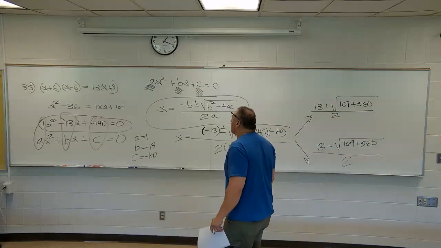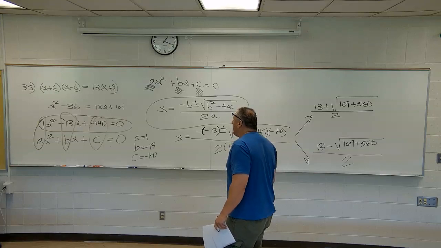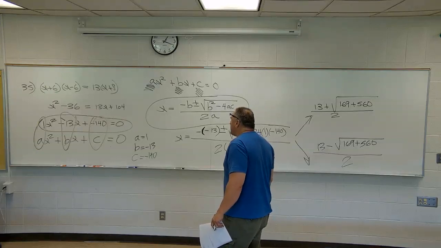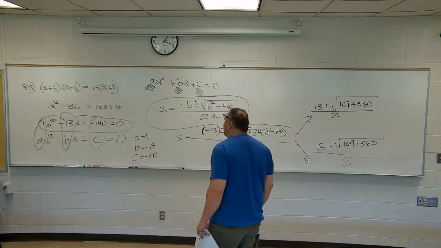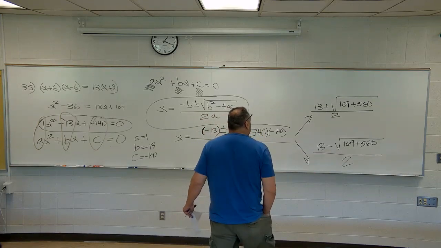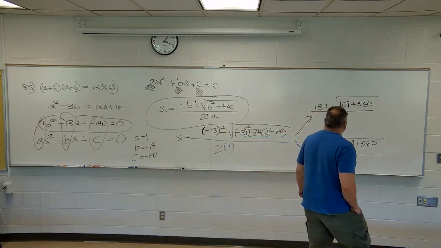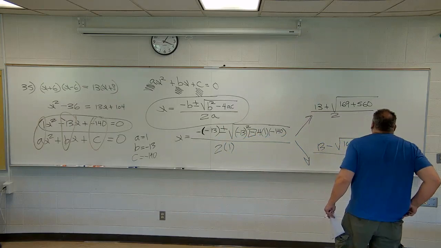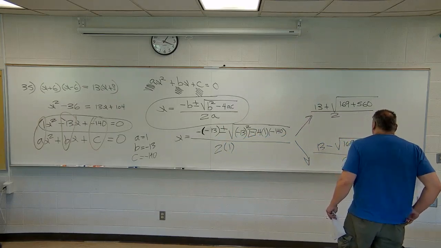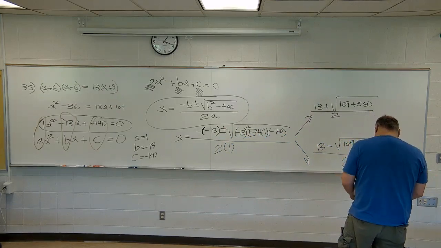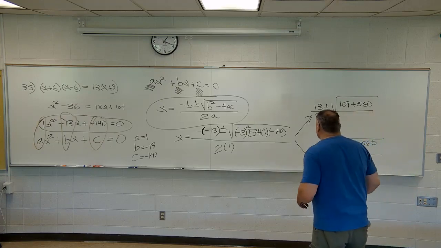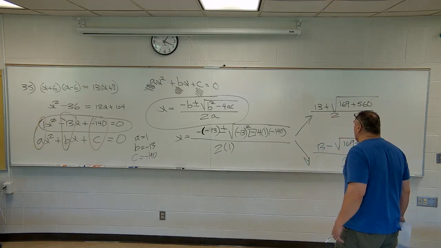Let me just make sure we got it right here. 629. For some reason, it's got to be a better answer than that, guys. For some reason, guys, let me just make sure we are okay.